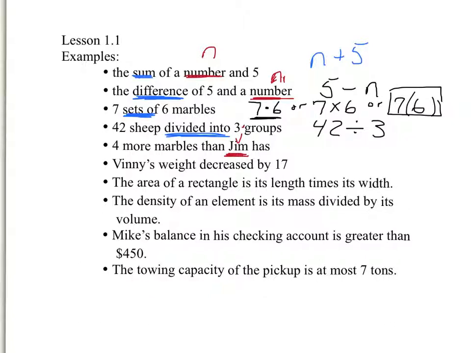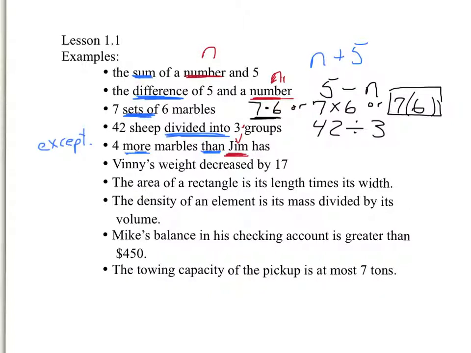The operation is signified by the words "more than," more marbles than. And so I'm going to write this as an addition. We need to recognize that this is the exception. The exception is more than, less than, added to, or subtracted from.